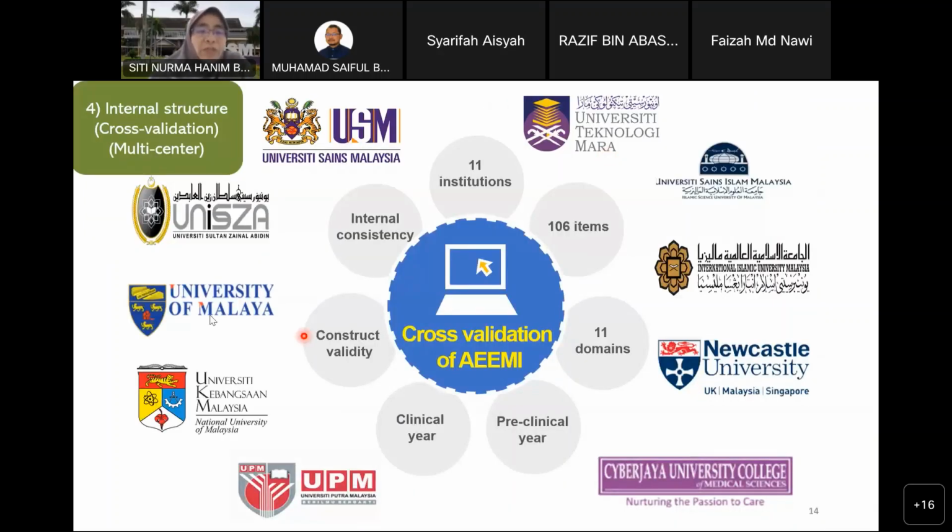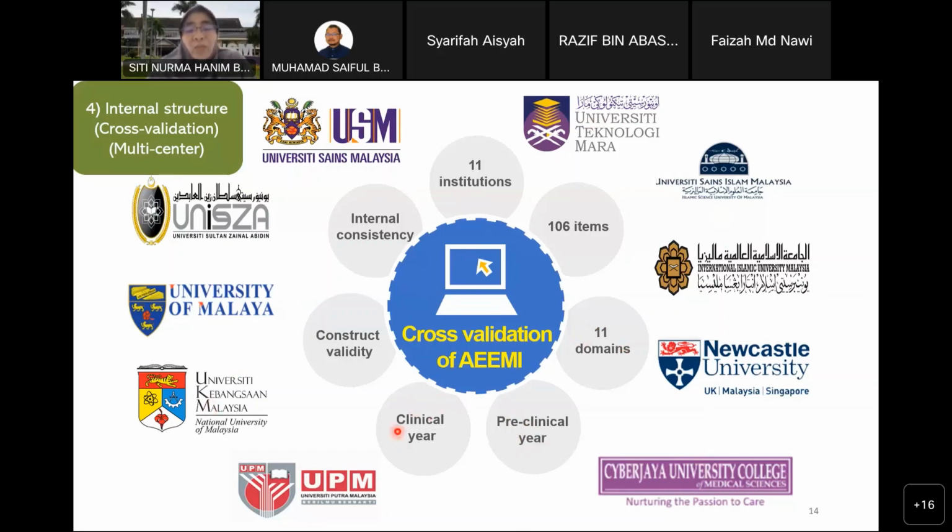Phase 4 is still the internal structure, but this is the cross-validation process. We conducted a cross-validation process across 11 public and private institutions in Malaysia. These were the institutions involved. We distributed the 106 items, which had been proven to be content valid and response process valid, and the 11 domains to not only preclinical year students but also clinical year students from these institutions.